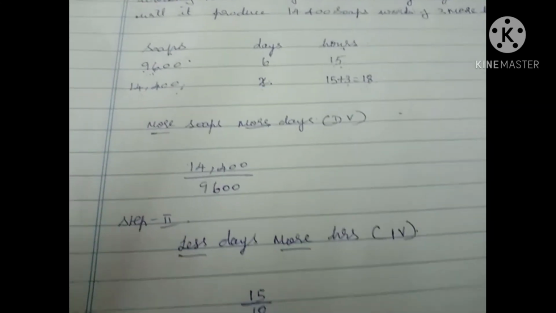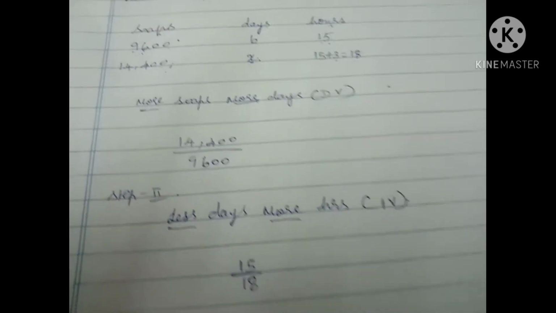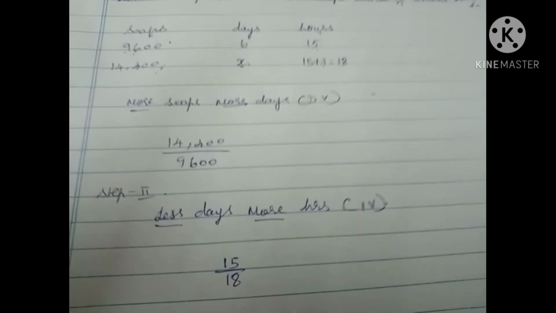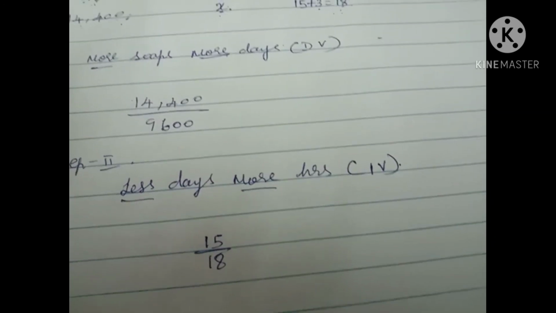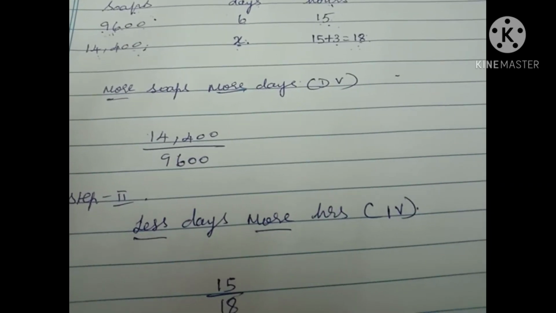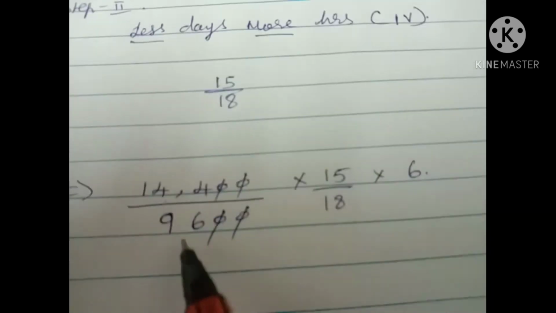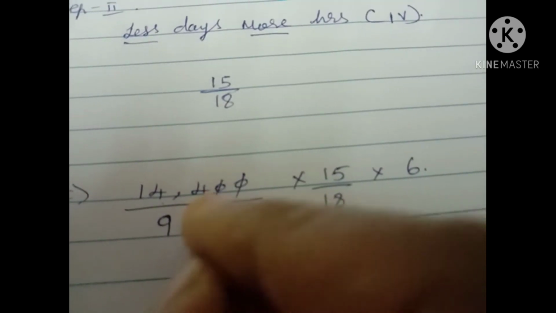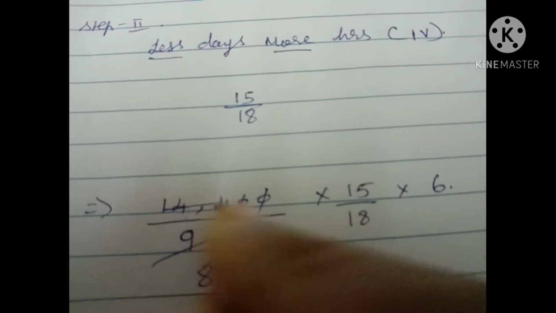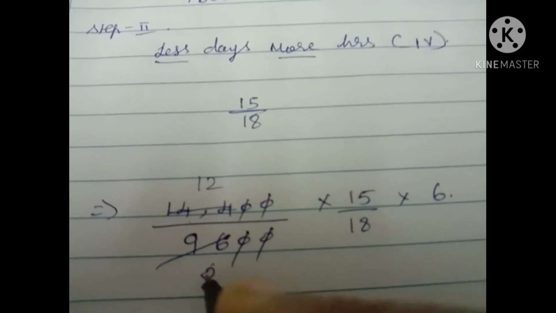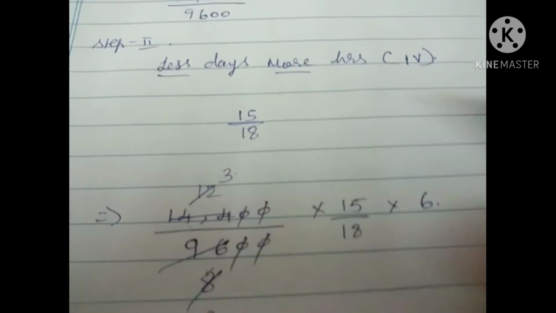Therefore your last step is 14,400 by 9,600 into 15 by 18 into 6. So first cancel 0, 0. 144 and 96 you can cancel in 12 table. 12 8s are 96, 12 12s are 144. Then in 4 table, 4 2s are 8, 4 3s are 12.